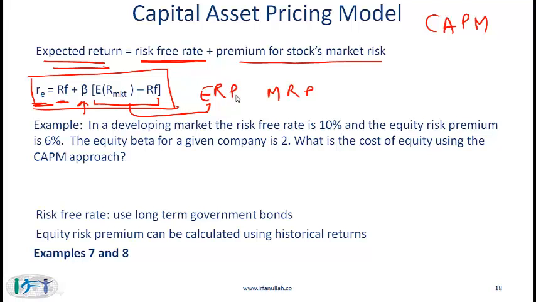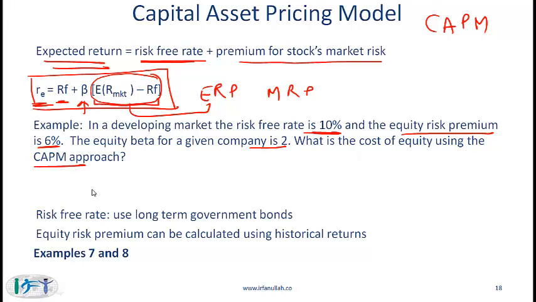So let's do a simple example. In a developing market, the risk-free rate is 10% and the equity risk premium is 6%. Notice that this equity risk premium is the expression over here, which is given to you. The equity beta for this company is 2. What is the cost of equity using the CAPM approach?